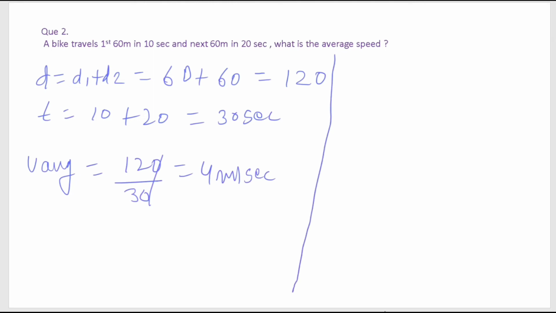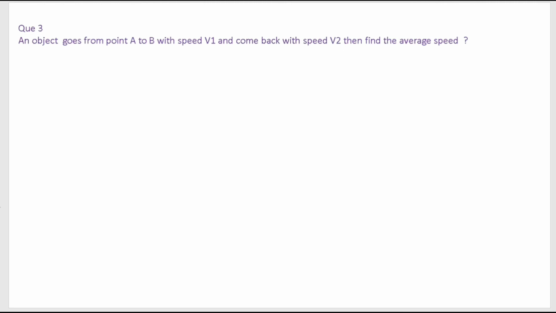Now we will see this example by another method. Now let's see the second example. An object goes from point A to B with speed v1 and comes back with speed v2.